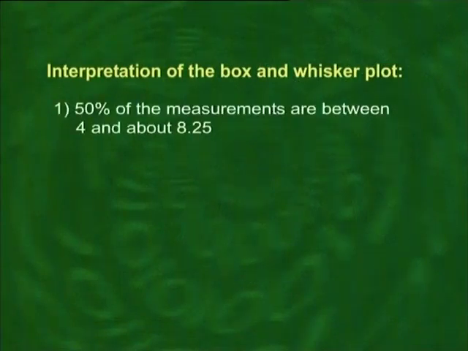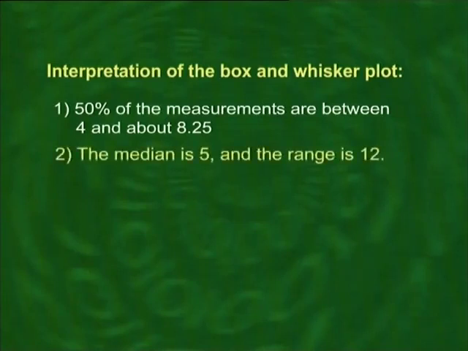It gives us information regarding the spread, the location of concentration of the data values, and the shape of your distribution. In the example that we have just considered, the box and whisker plot reveals that 50% of the measurements are falling between 4 and 8.25.